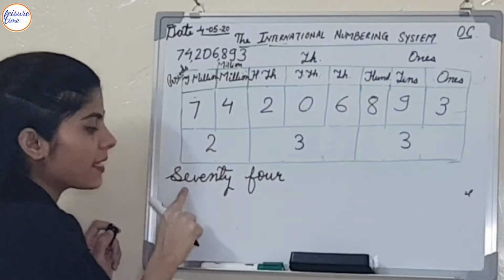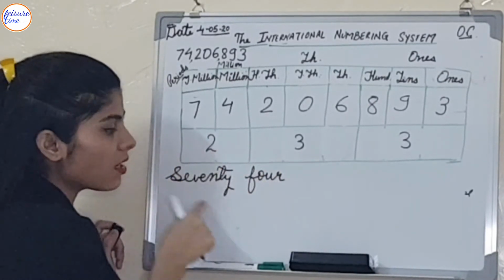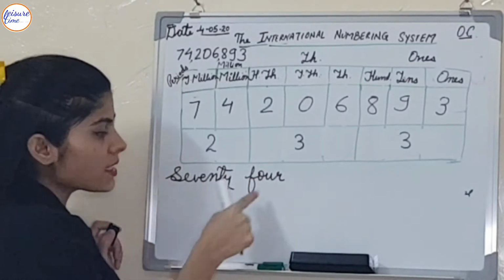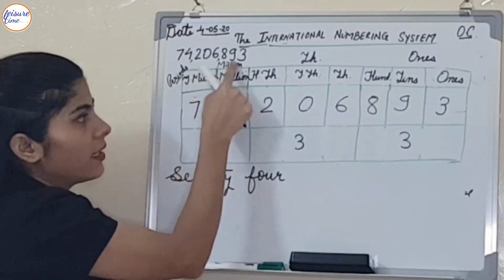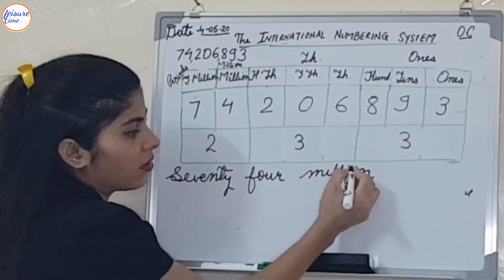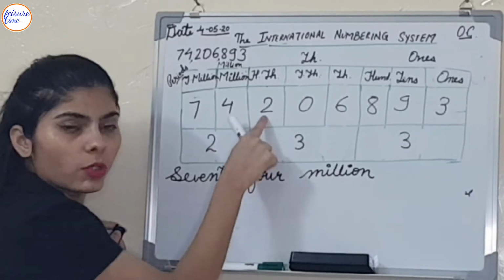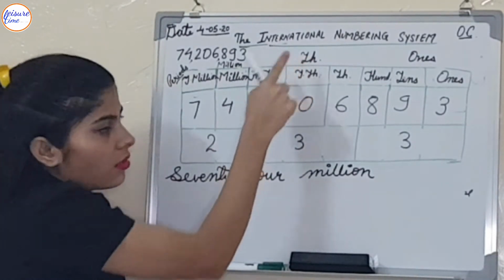So we should write 74. What is the position of this number? 74 million. So you should write million here. 74 million.